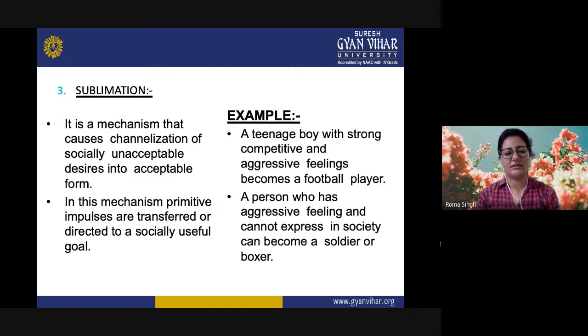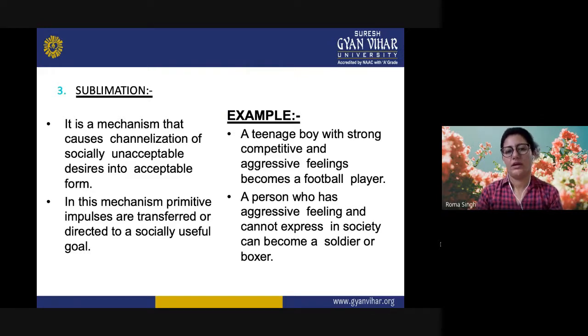Now the next defense mechanism is sublimation. What is sublimation? It is a mechanism that causes channelization of socially unacceptable desires into an acceptable form. In this mechanism, primitive impulses are transferred or directed to a socially useful goal.